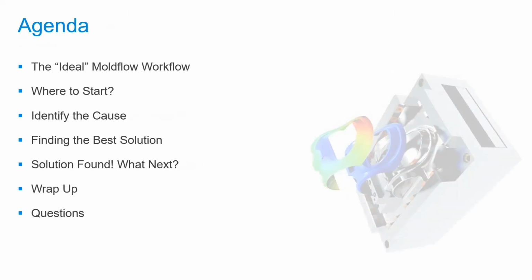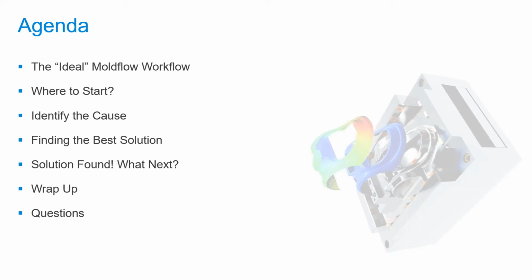Here's a brief overview of today's agenda. We'll start with taking a high-level look at the typical Moldflow workflow. Then we'll jump into the topic of working backwards. What does this actually mean, and why would we need to work backwards towards getting some good, high-quality parts out of your existing molds?